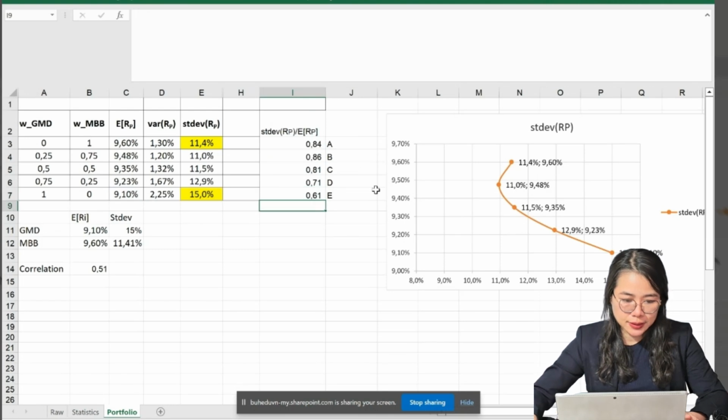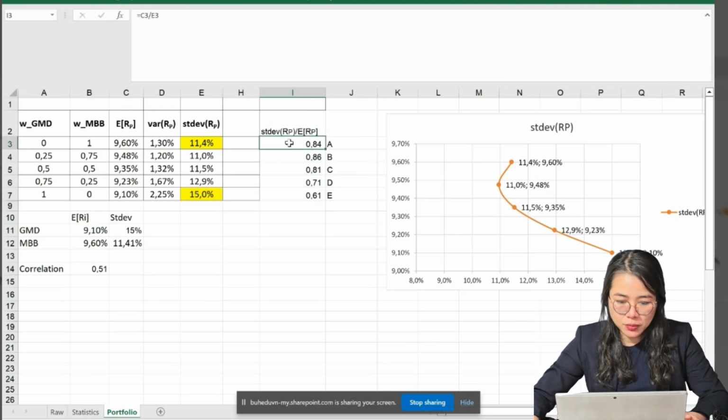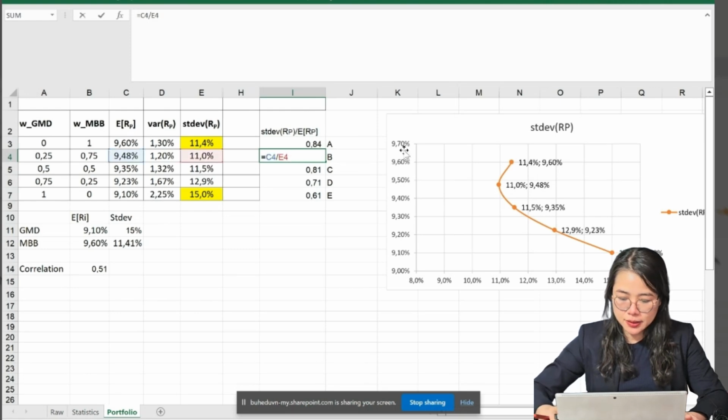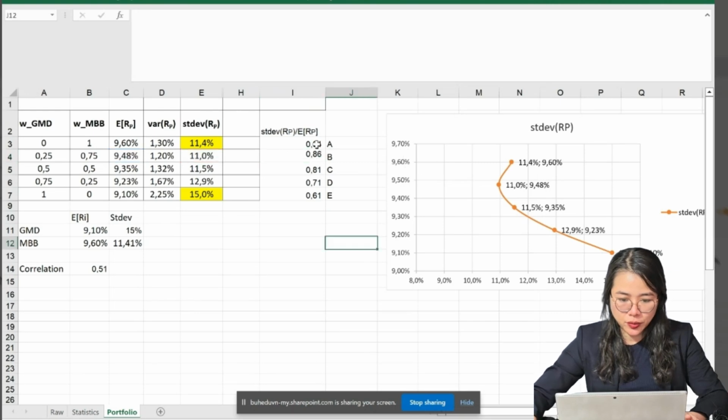For 0.84 for portfolio B, that is the risk per one unit of, I'm sorry, it should be the other way around.